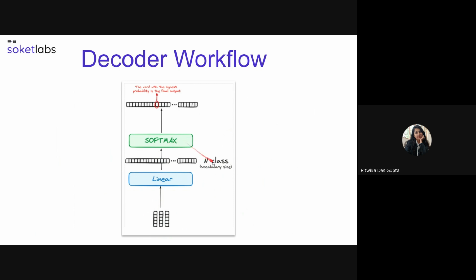What softmax does is give us the probability of how likely each word from this vocabulary should be generated, based on the matrix we have obtained, and the highest probability gives the generated output.